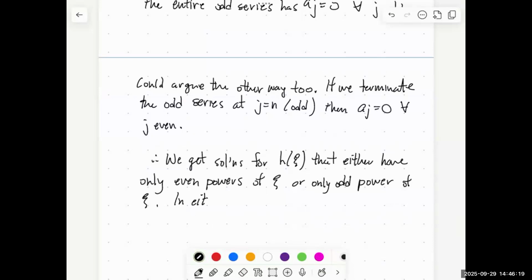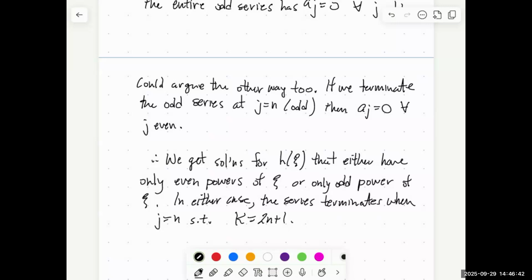In either case, the power series terminates when j equals n such that k is 2n plus 1.